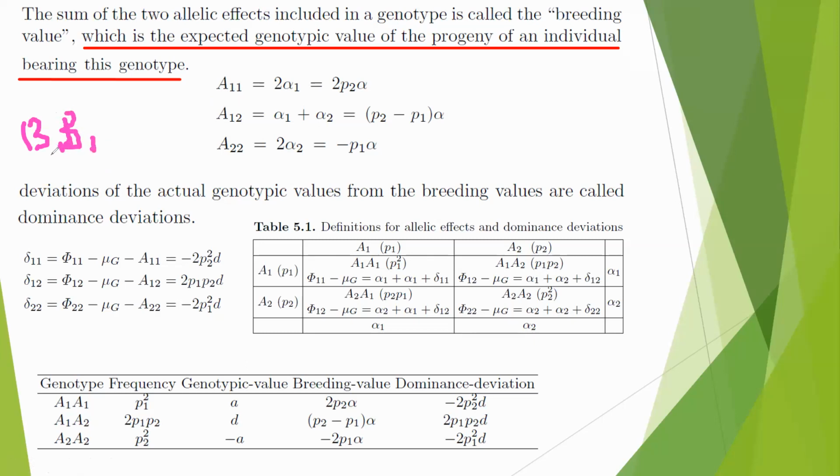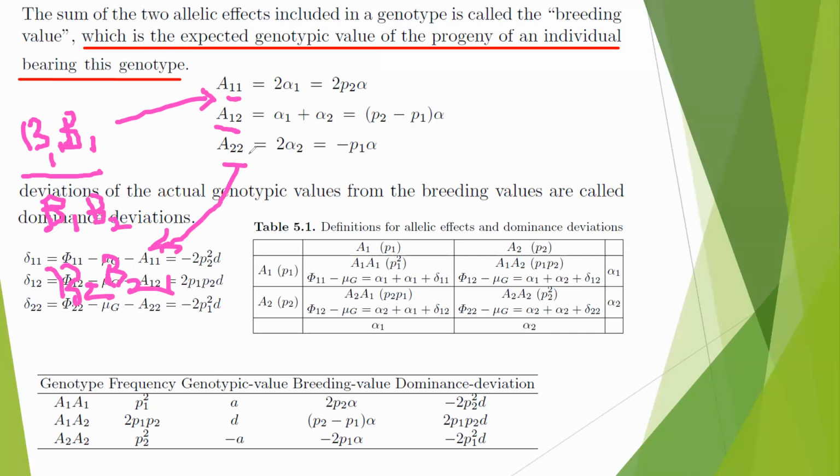For this locus, what is the breeding value for this genotype, B1? We still use A1. A means the breeding value. A1 means the breeding value for this genotype. So A1, A2 means the breeding value for this genotype, B1, B2, the heterozygous. And A2 means the breeding value for B2, the third genotype.